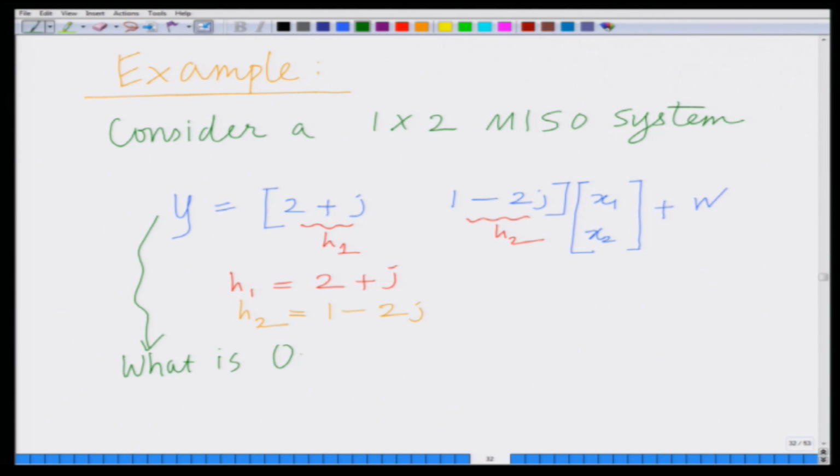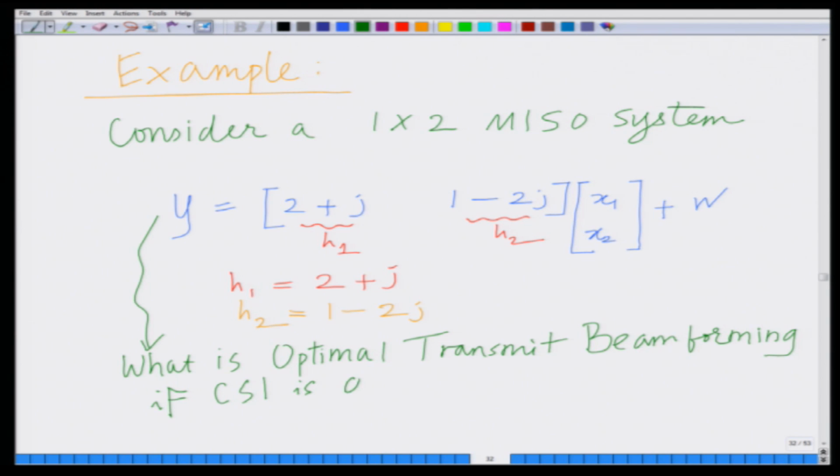What is the optimal transmit beamforming procedure if CSI is available, or if channel state information is available at the transmitter, that is, when the channel coefficients are known at the transmitter?